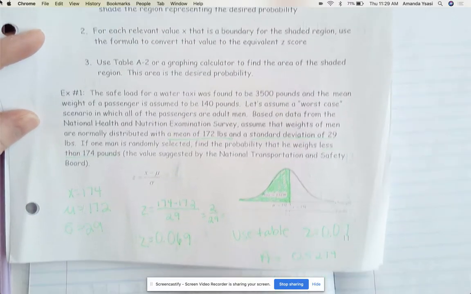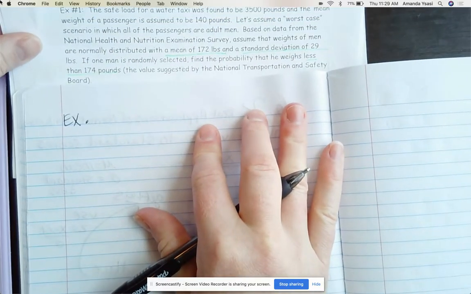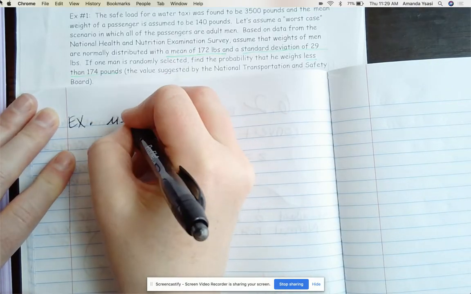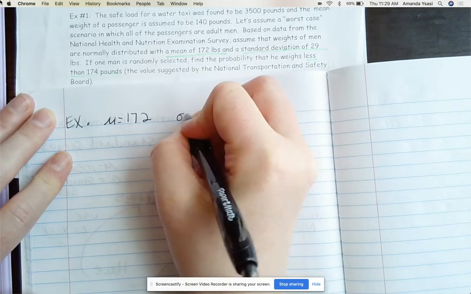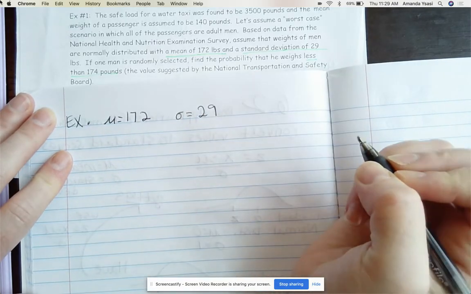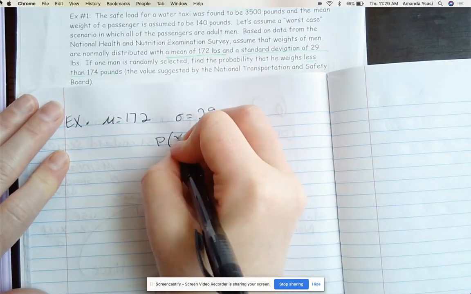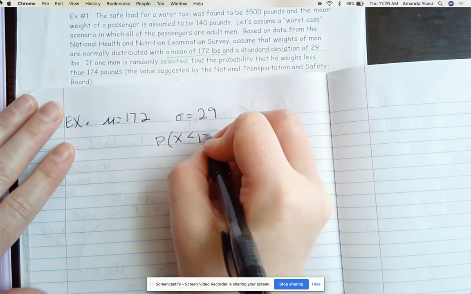Okay, so using this, I'm going to write some things down. We have a mean of 172, and our standard deviation is 29. And it's asking, what is the probability that X is less than 174?